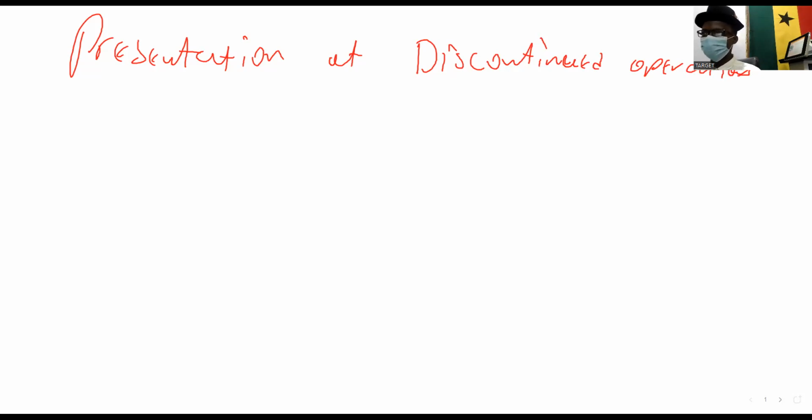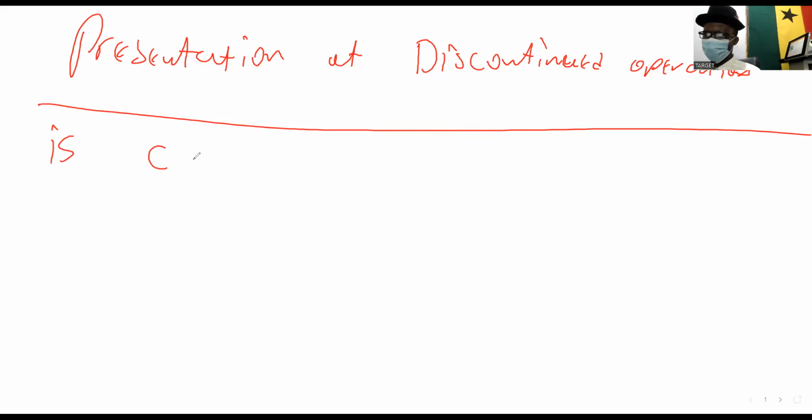The standard prescribes how we should present discontinued operation. Here, we normally present it separately, as a major line. When you say discontinued operation, it's a component of an entity that has been disposed of or classified as held for sale. So let me define discontinued operation.